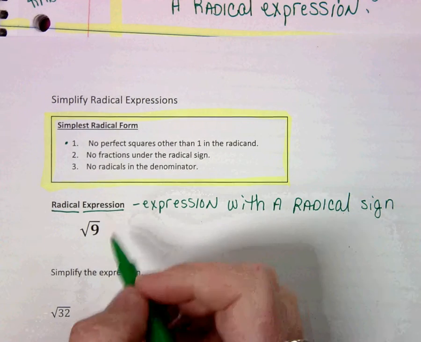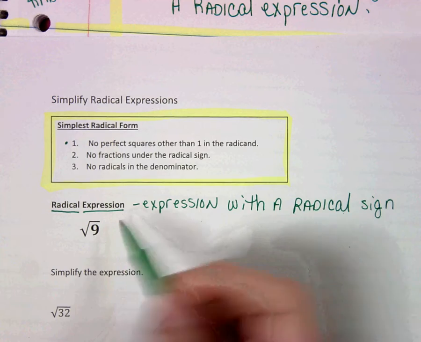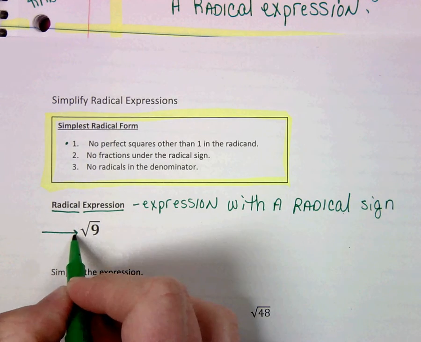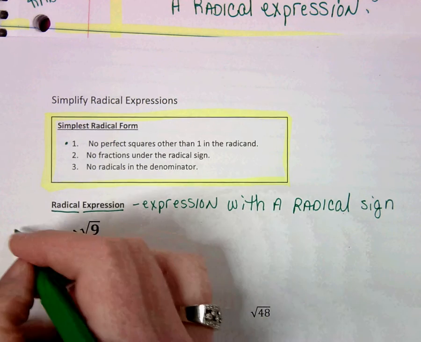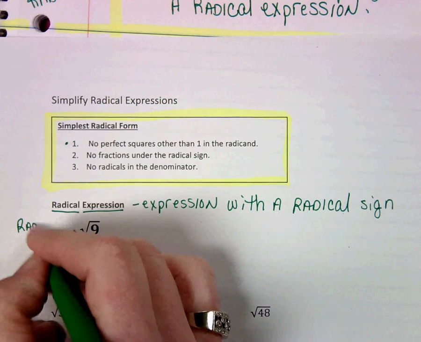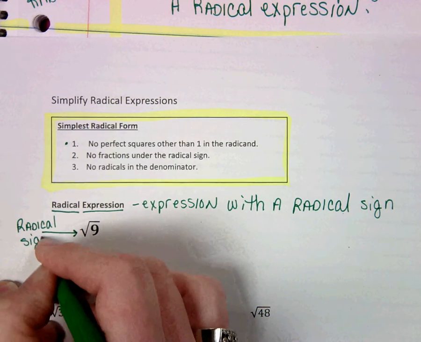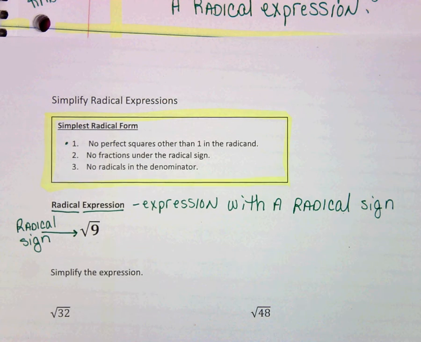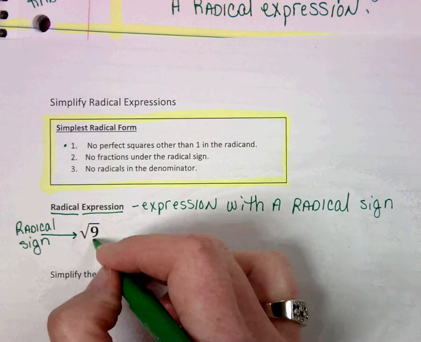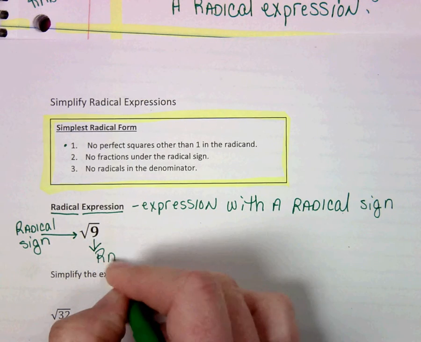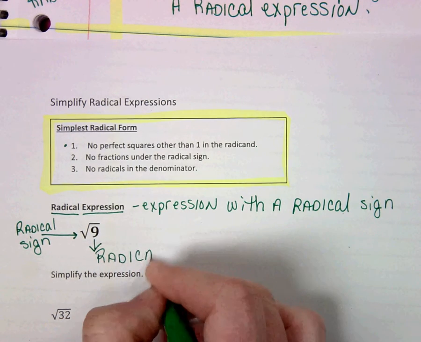Okay, here's an example. The square root of 9. Some vocabulary I want you to note: we know that this is a square root sign, but you'll remember previously we may have talked about that this is also called a radical sign because we can have other roots besides square roots. This number underneath the radical sign is what we call a radicand.